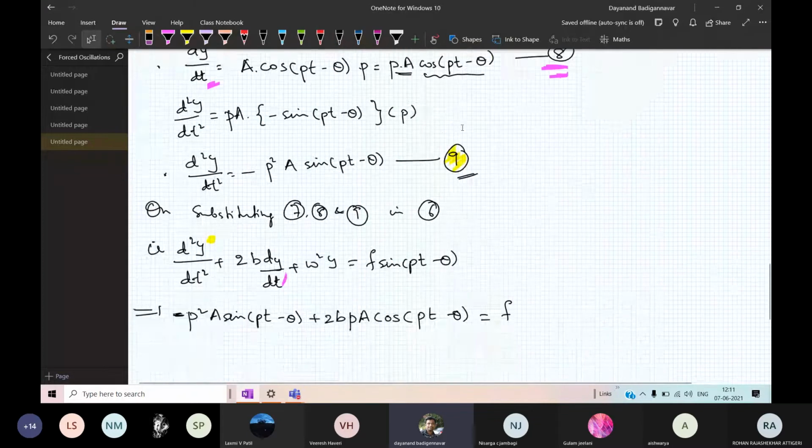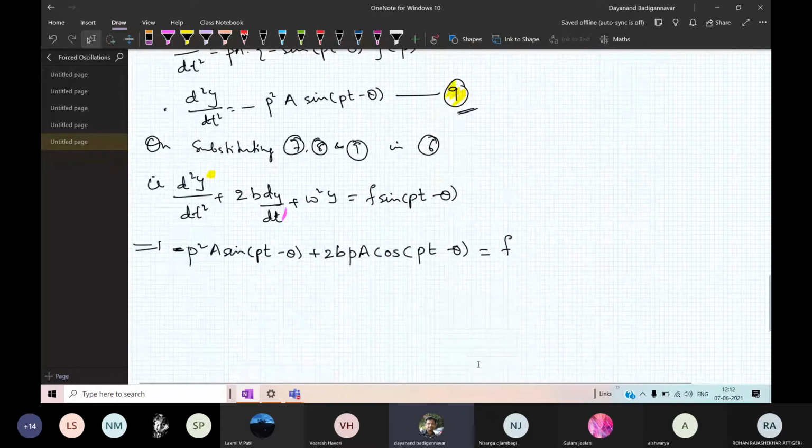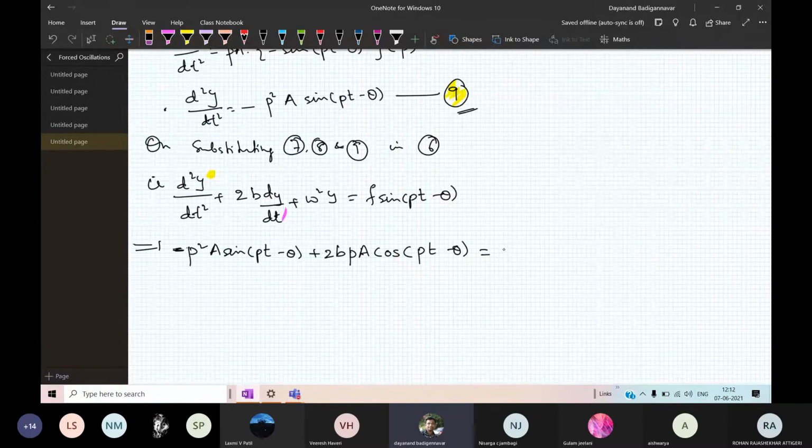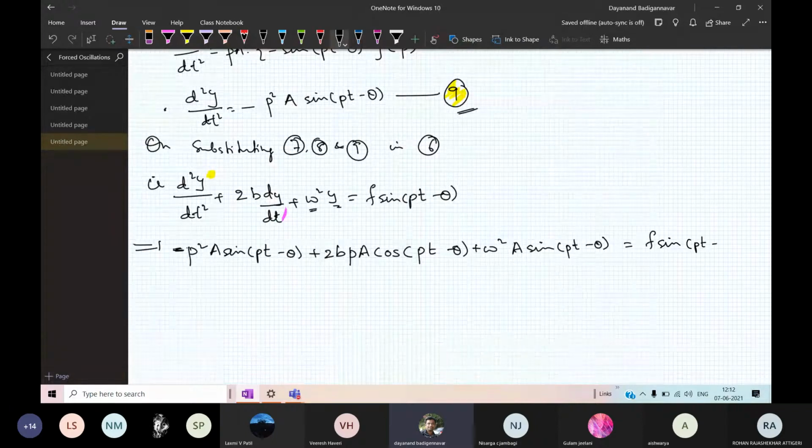Plus omega square, and y is a into sine pt minus theta, that is equal to f sine of pt minus theta. So this is a very lengthy equation.